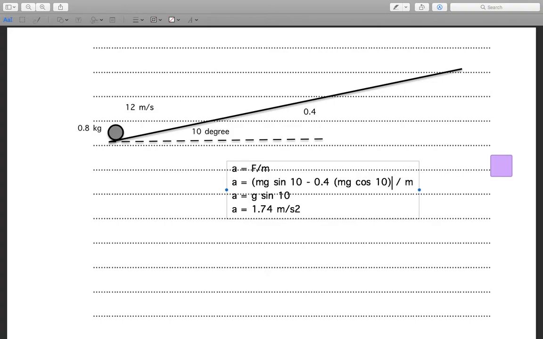And the mass m will cancel. So this is about g sine theta minus 0.4 g cos theta.